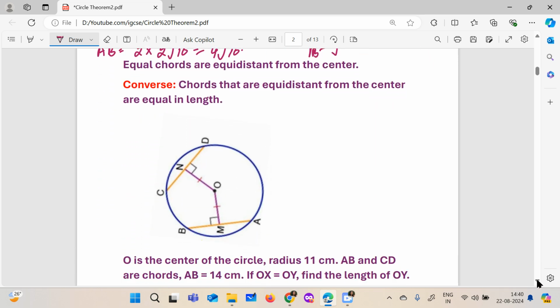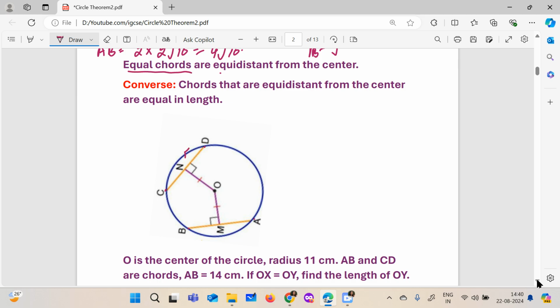Now, the next one is: equal chords are equidistant from the center. It means that in a circle, if you have two equal chords, suppose here you have a chord CD and here you have a chord AB. So the chords are equal in length.